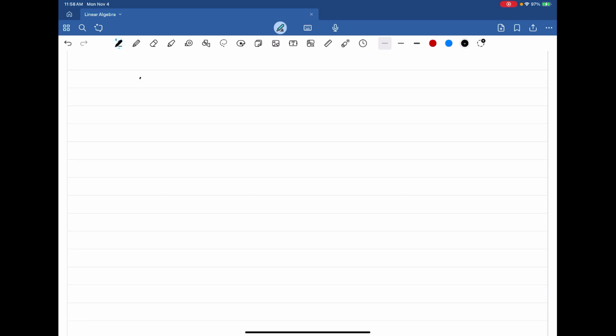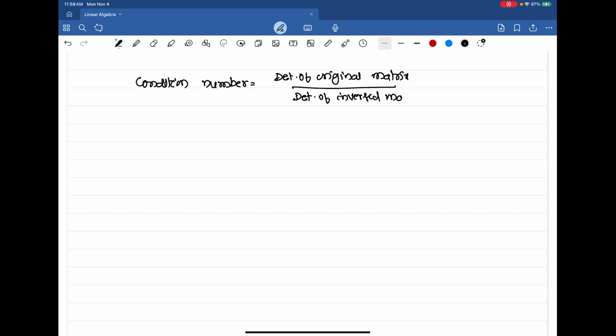What is the condition number? It is the determinant of the original matrix divided by the determinant of the inversed matrix.